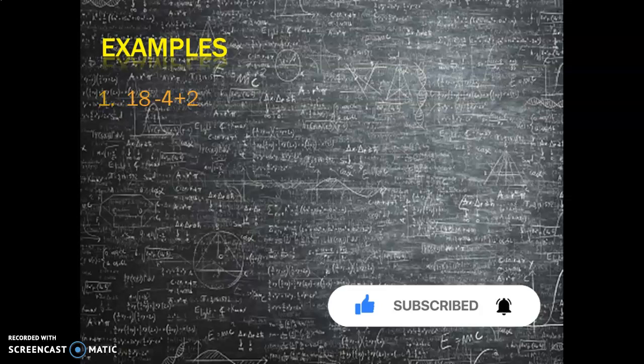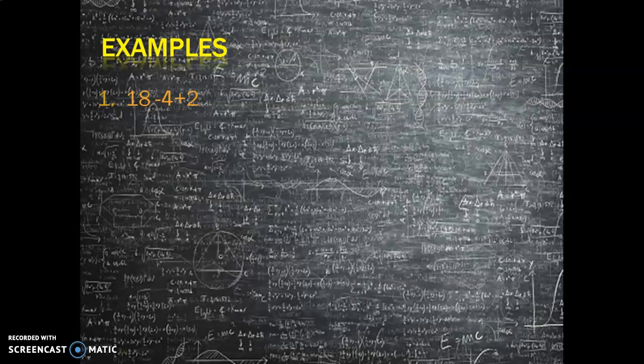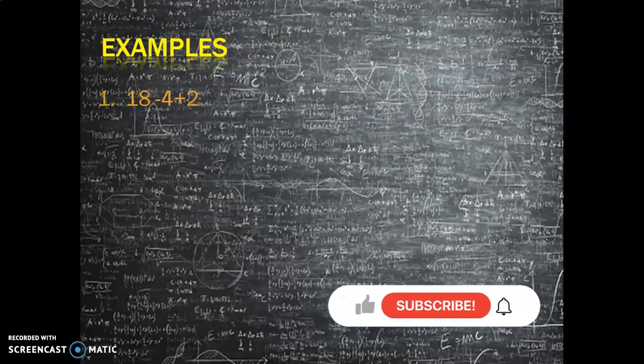Now this sum contains addition and subtraction. So we will solve whichever is first. That means 18 minus 4. By solving we will get 14 plus 2. We get the answer as 16.